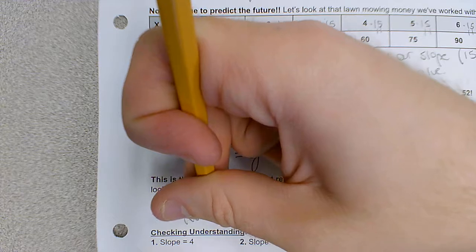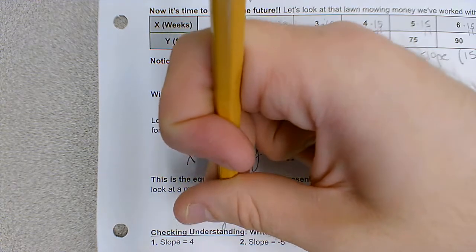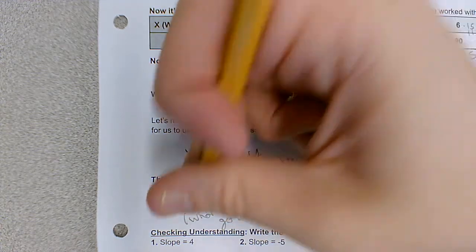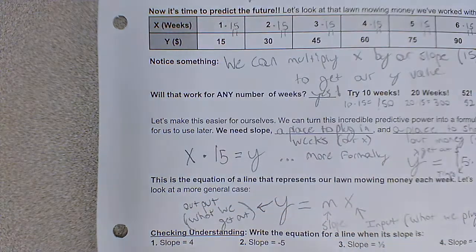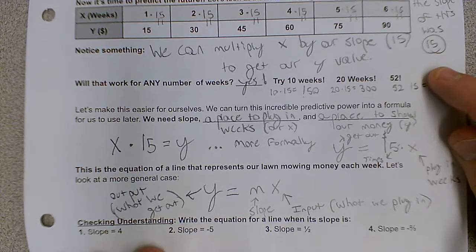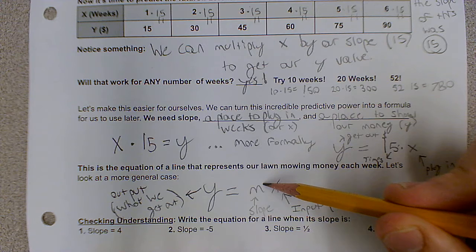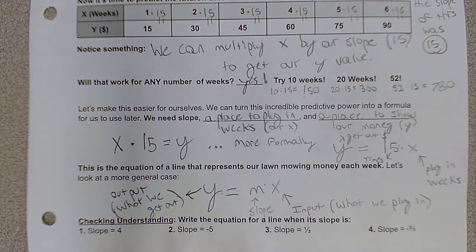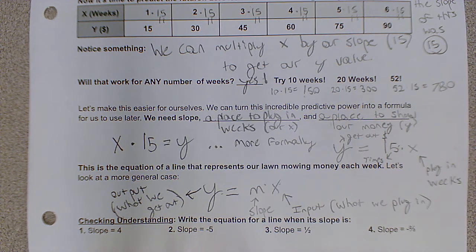What we get out. Plug in an x, multiply by the slope, get out a y.